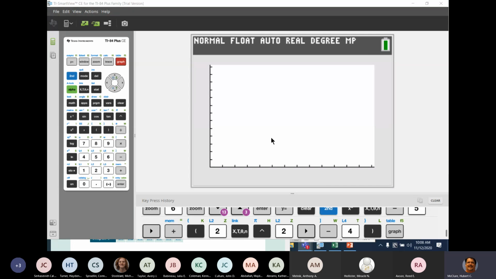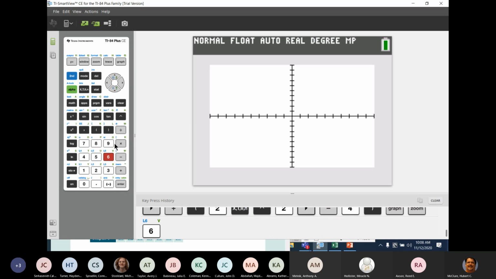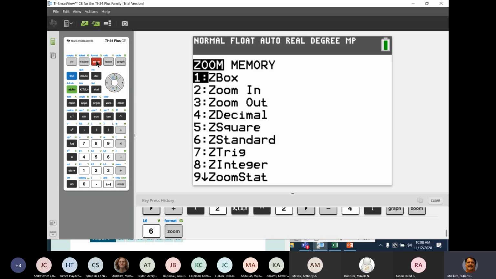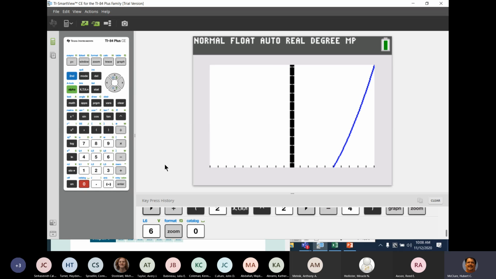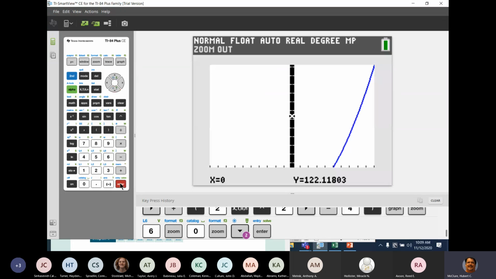Okay, I'm sorry. Zoom. I'm going to do Zoom standard, and Zoom fit. Okay, there we go. And I'm going to zoom out. We'll go down because we see it down here.